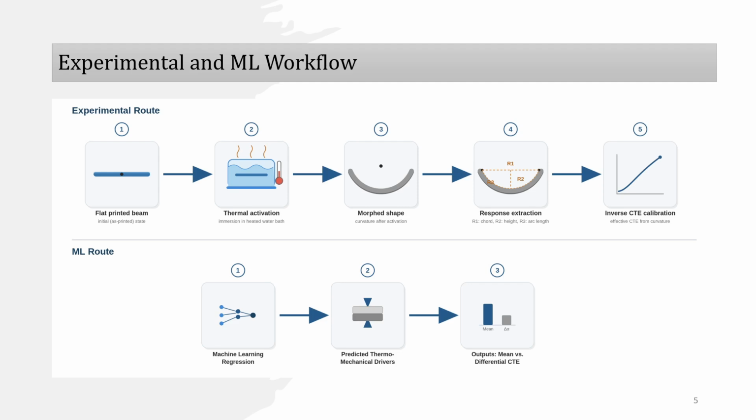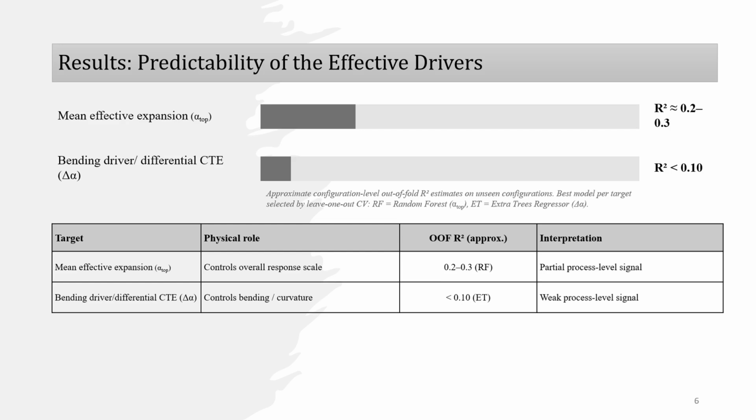The input variables are the nominal process parameters, while the outputs are the mean effective expansion and the differential CTE, delta alpha. The models are then evaluated using configuration level out-of-fold predictions so that the reported performance reflects prediction on unseen process configurations.